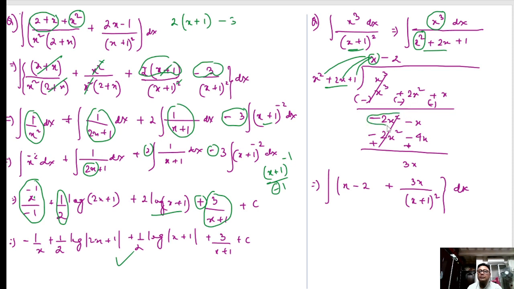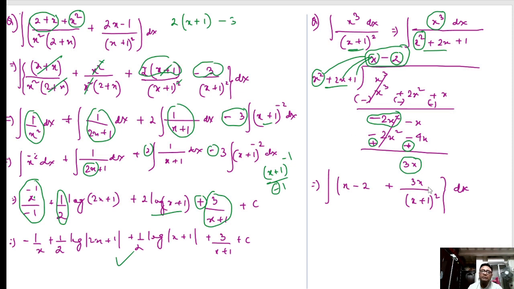Now I need this much, I have this much, so I need a minus 2. So then minus 2x square and minus 4x. Changing the sign, this cuts, so it becomes plus 3x. That means this is my quotient plus remainder by divisor.